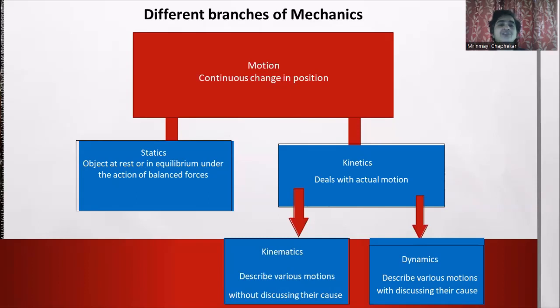So in kinematics, we discuss the parameters distance covered, speed, or displacement, velocity, acceleration. And in dynamics, along with these parameters, we deal with the parameters like force, energy, work, power, etc.